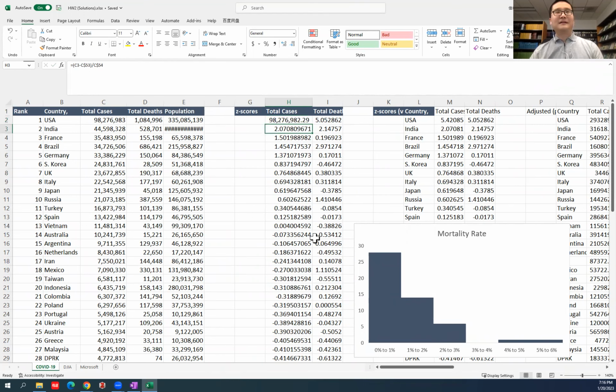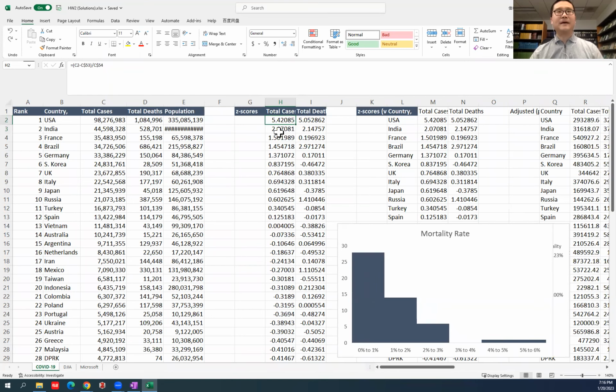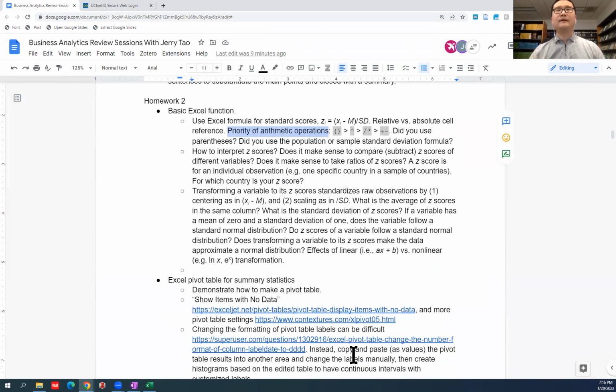Then it'll be an incorrect answer. So let's get back. Okay, so in addition to that, we could use the population standard deviation formula.